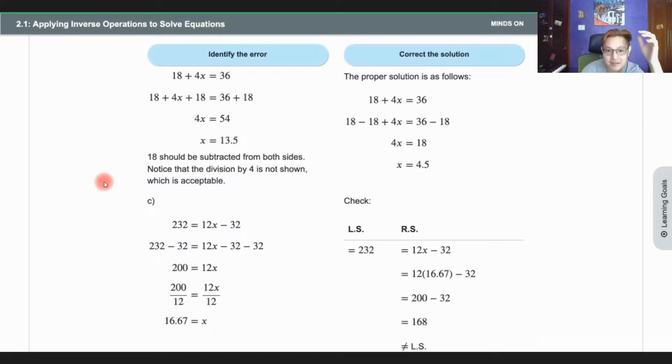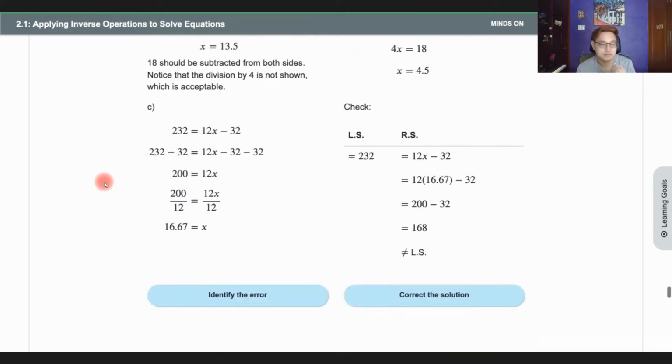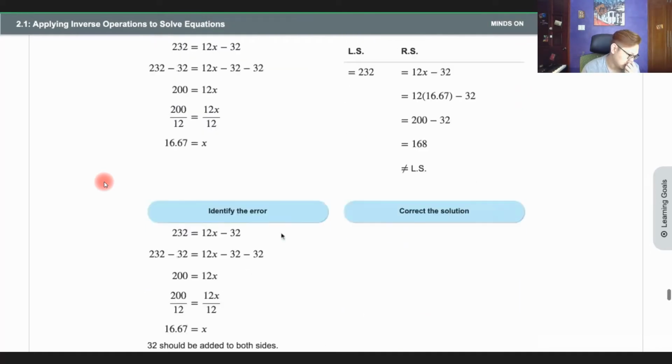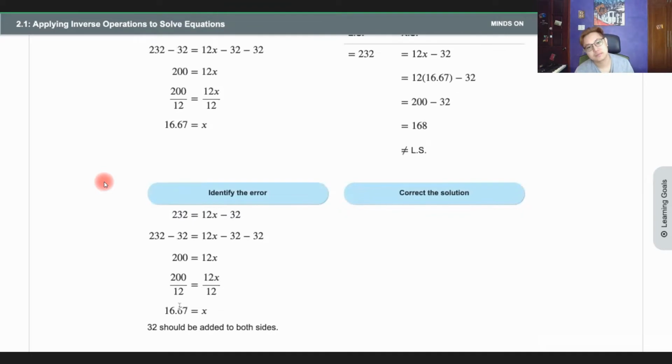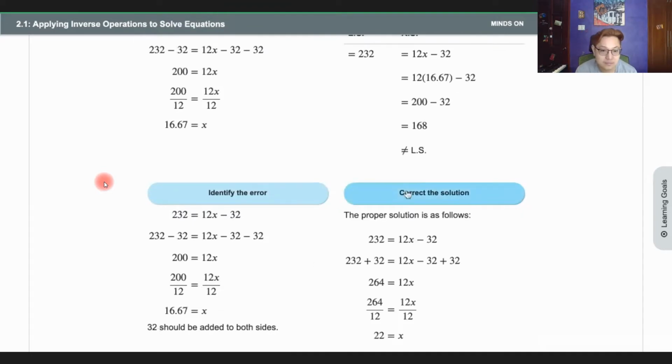So it has to be plus 32 on both sides, not minus. So the error is the 32, and the correct solution is 22.